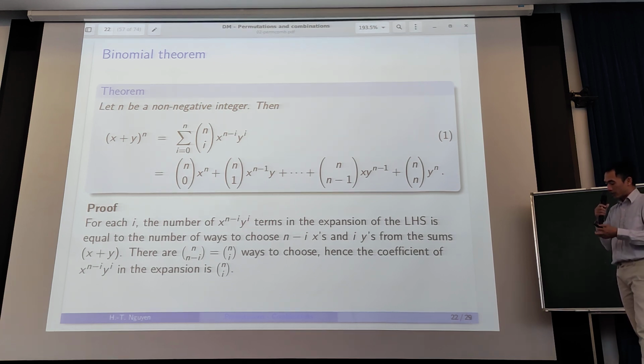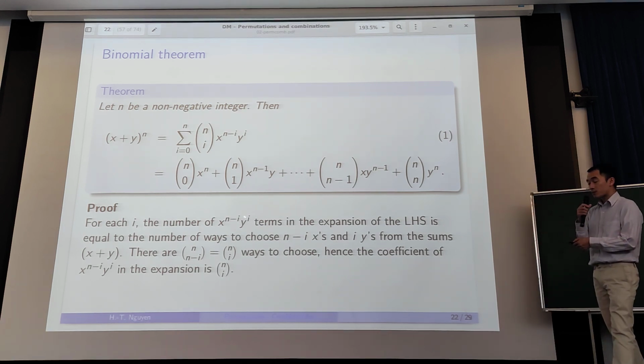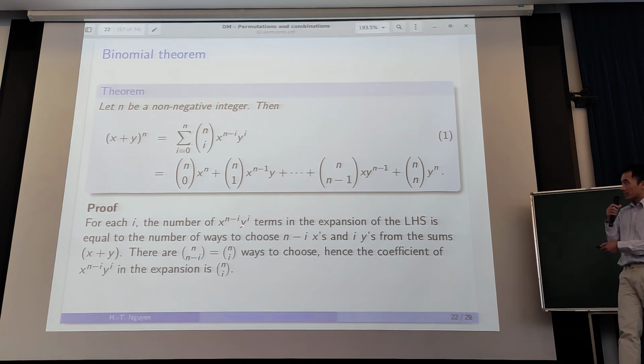One occurrence of this term on the right hand side corresponds to one way to choose x from n minus i of the sums x plus y, and you choose y from the rest. Okay, so it's written here.